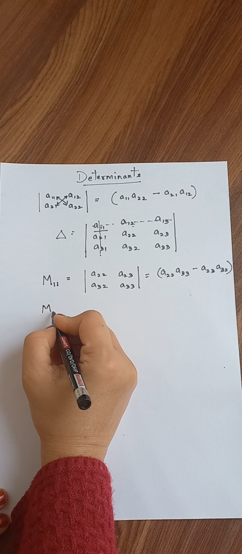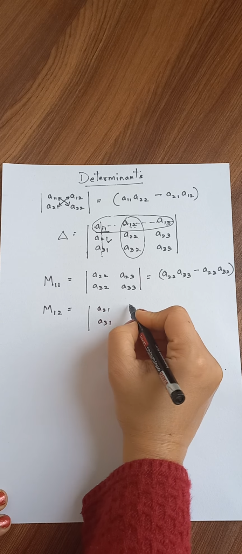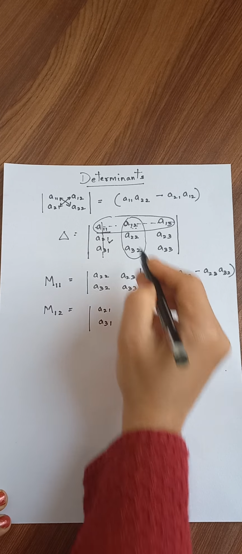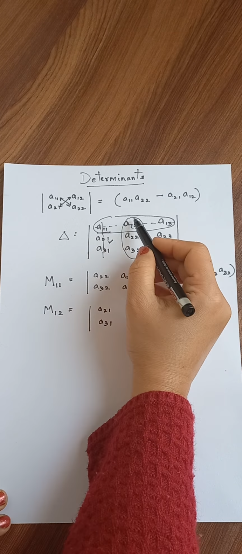The remaining values are a21, a31, a23 and a33. If we remove this column and this row, these four elements will come here, and in the very same way we get the answer.